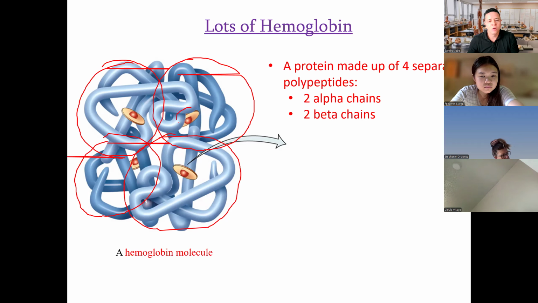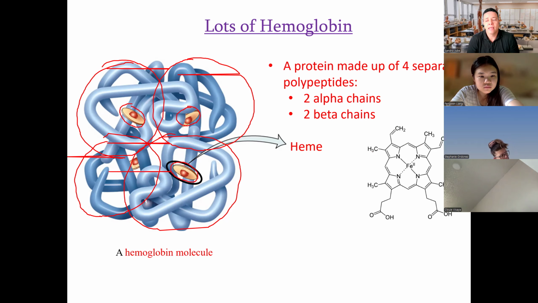In the center, we are going to find this weird looking structure right here, kind of looking like a flying saucer, right? Right there. What is this? That is a heme, hence the name hemoglobin. Globin means protein. Heme comes from this center section of the hemoglobin right here.